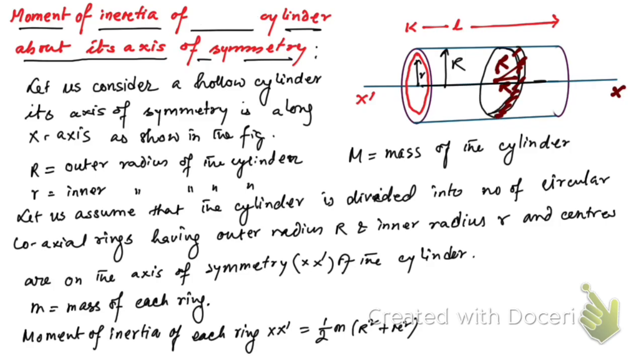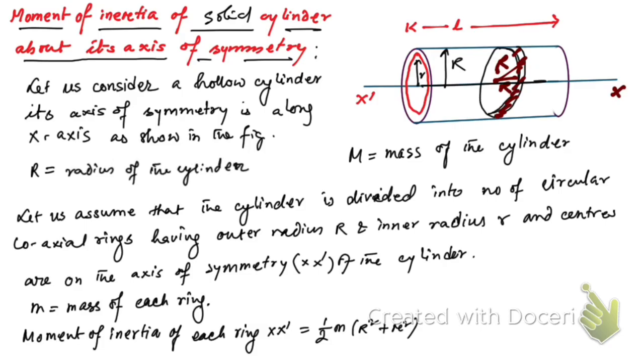Instead of hollow, let me write solid, and if it is solid, then we can write only one radius instead of the outer radius. This will be divided into circular discs instead of circular rings, having radius capital R, and we don't need the inner radius now. The centers of the discs are on the axis of symmetry.